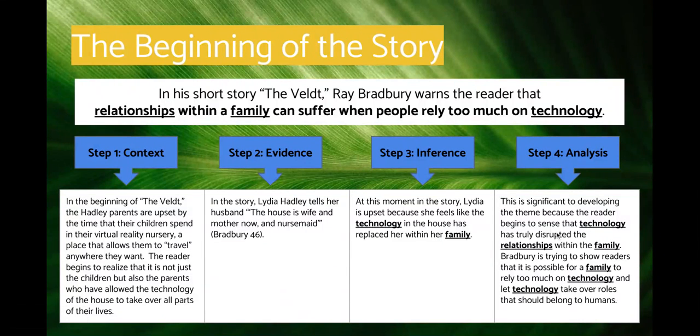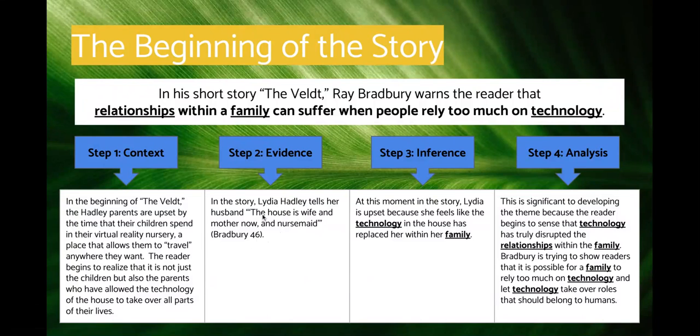Then for step 4, the analysis. I say this is significant to developing the theme because the reader begins to sense that technology has truly disrupted the relationships within the family. Again, universal ideas. Also notice that I'm not using story specific words, which is something we've been talking about. I'm talking in general about how this shows the theme, because we see the technology disrupting the relationship within the family.